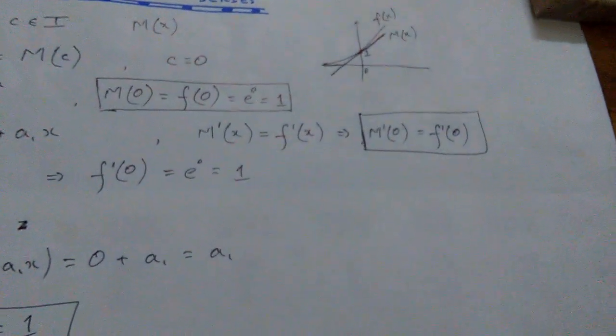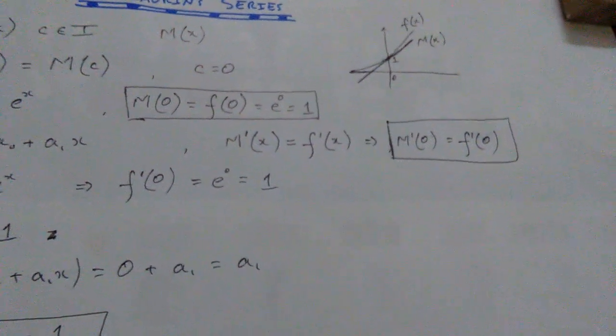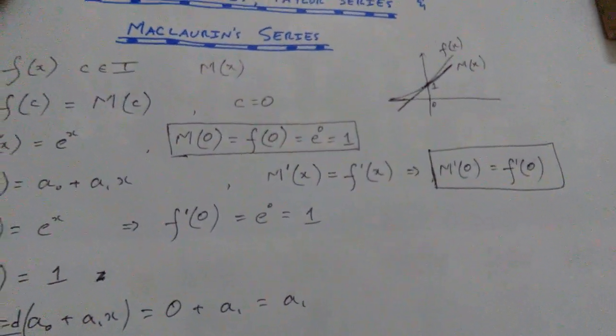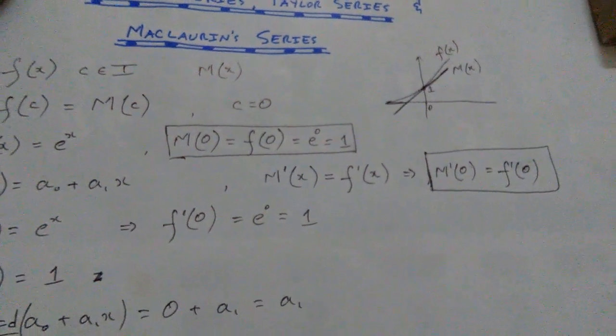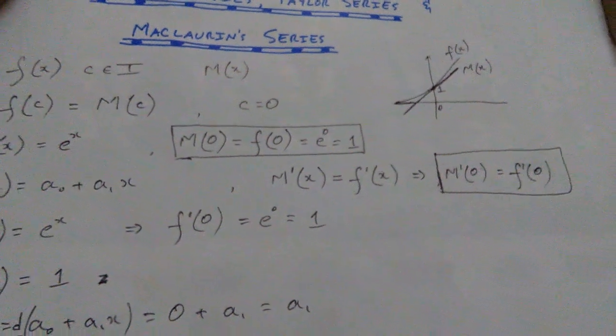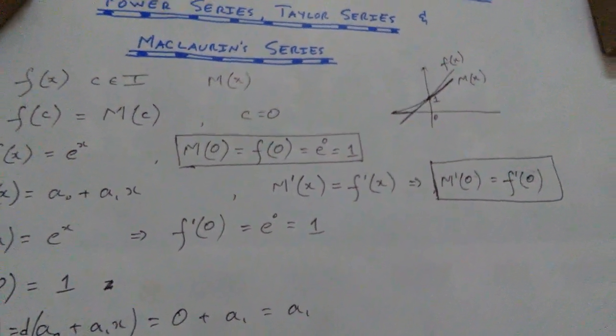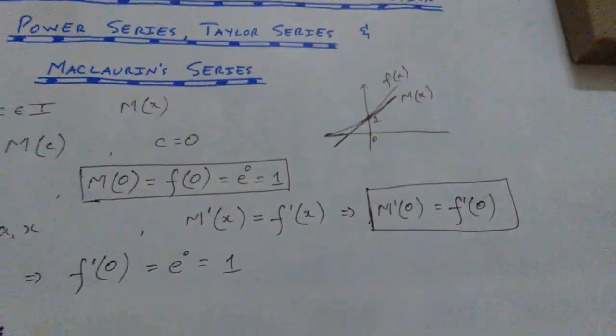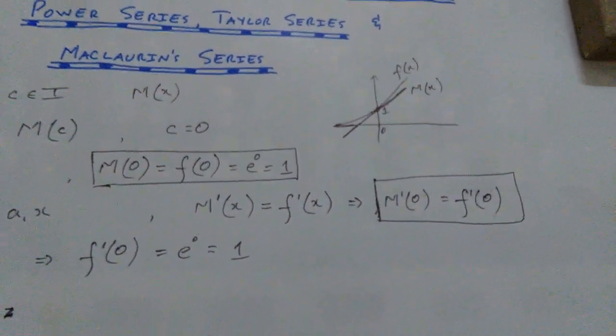They give me the straight line 1 plus x and the exponential e^x, and we want to see how far they overlap, or give common ordinates.